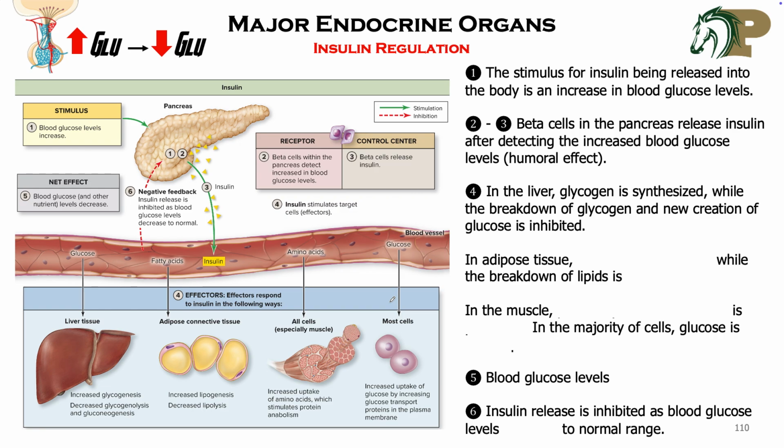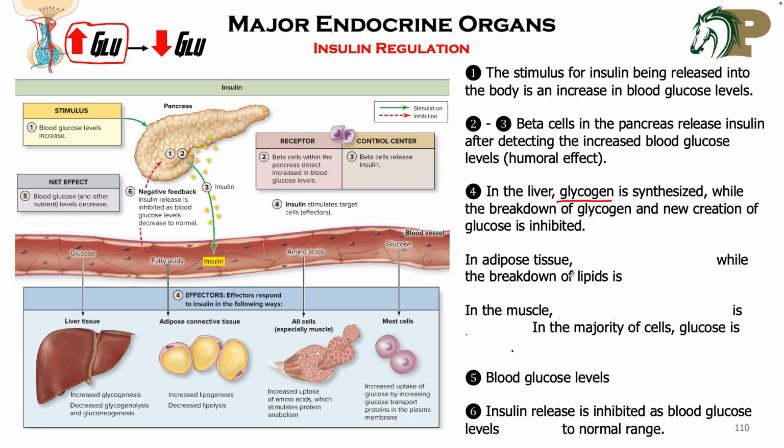So if we think about this, okay, we have increased blood glucose levels. And when you have increased blood glucose levels, we want to store that glucose and also use it for energy. So we're going to take this glucose, and what happens in the liver is it's going to be stored. The way that you store glucose is you store it as glycogen.